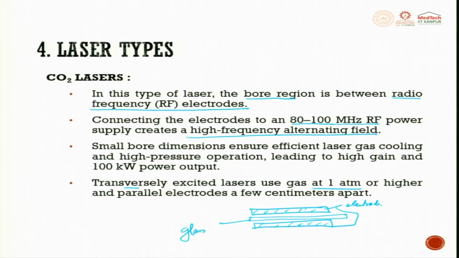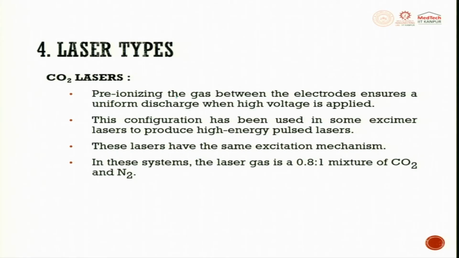Glass tube. Okay, transversely excited lasers use gas at 1 atmosphere. Pre-ionized gas between the electrodes ensures a uniform discharge when high voltages are applied. This is quite common in the CO2 laser, or I would say in the excimer laser.